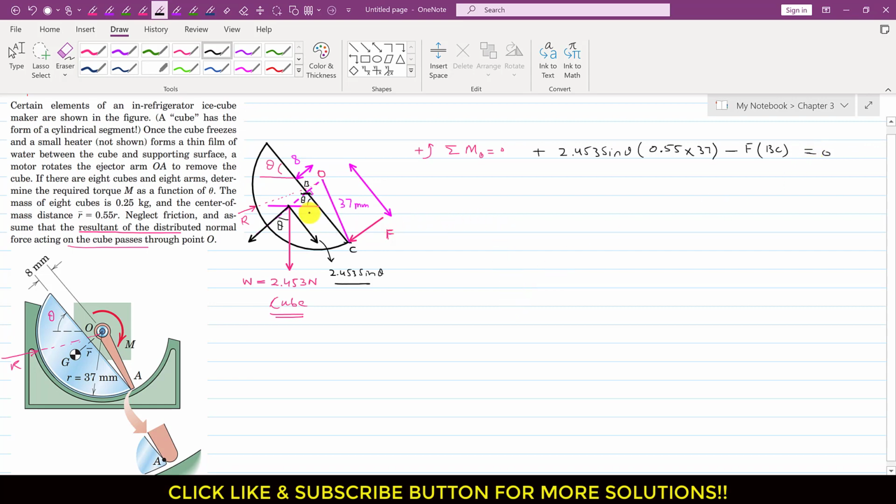Now if we apply the Pythagoras theorem to this small triangle, hypotenuse square, so hypotenuse is 37, will be equal to OB square, where OB is 8, plus BC square. So BC square is equal to 37 square minus 8 square, and then we will take the square root.